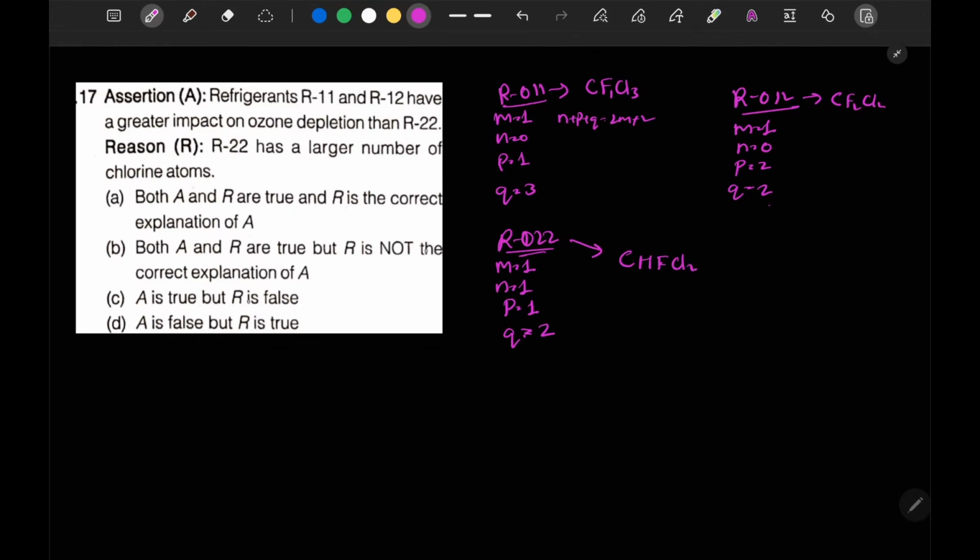So we can see that R22 and R12 have the same chlorine atom value, and R11 has more chlorine atoms than R12 and R22. So the reason is incorrect, and we can directly write option C: A is true but R is false.